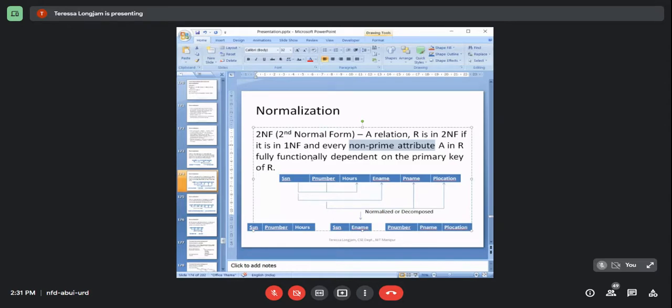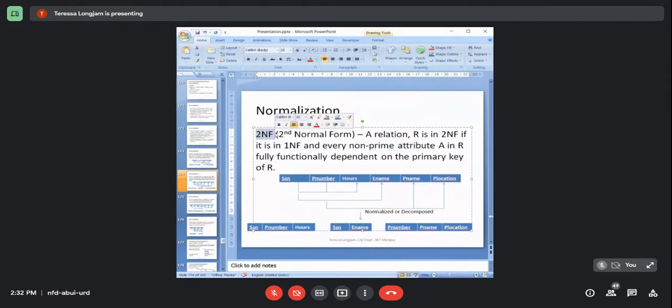There shouldn't be any partial dependency between the non-prime attribute and the key. So if there is no partial functional dependency, then we can say that the particular relation is in second normal form.